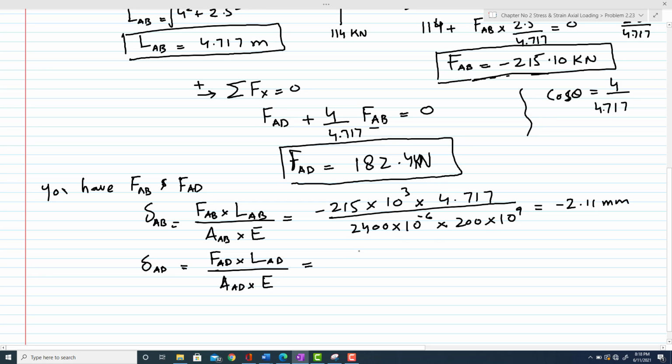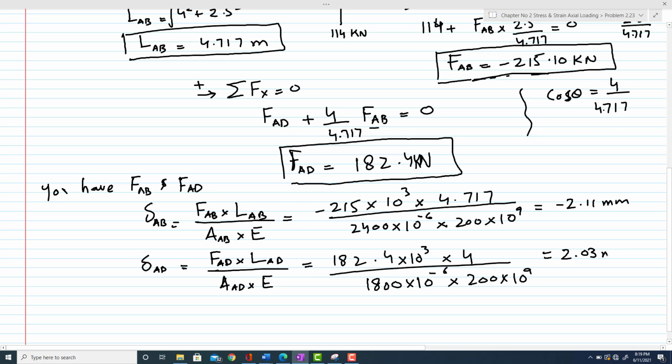And for AD, it is 182.4 into 10 raised to power 3 multiplied by its length, that is 4, divided by the area of AD, 1800 into 10 raised to power minus 6, and E is 200 into 10 raised to power 9. If you calculate it, it will be 2.03 millimeter. So we have solved this problem and calculated the deformation of AB and AD, the compression in AB and the elongation in AD. Thank you for your time.